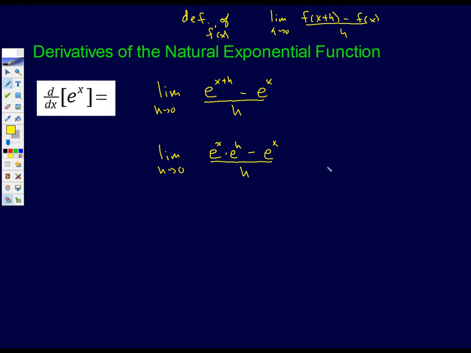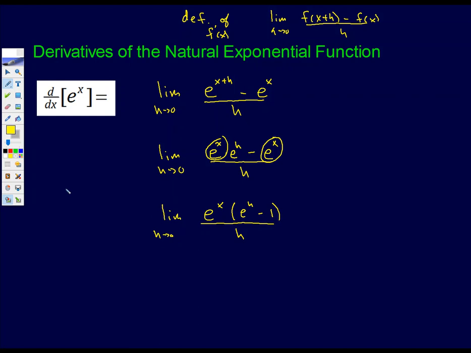Now this still yields 0 over 0, but now it is clearer that I can factor the numerator because there's a common factor of e to the x, which would leave e to the h minus 1 over h. And then I would take the limit as h approaches 0.